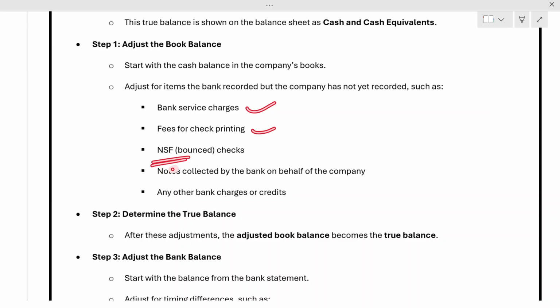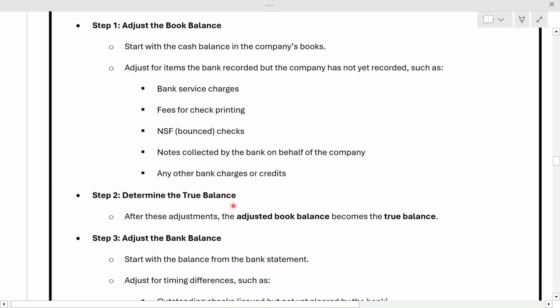There are some bounced checks which the bank has recorded but you are not aware of. There are notes collected by the bank on behalf of the company, which the bank has done but you are also not aware of, or any other bank charges or credits. Once you are done with these adjustments, you call that number the adjusted book balance or the true balance, because that is the true balance which you need to show in your books of account.